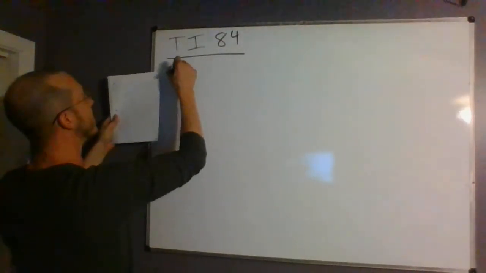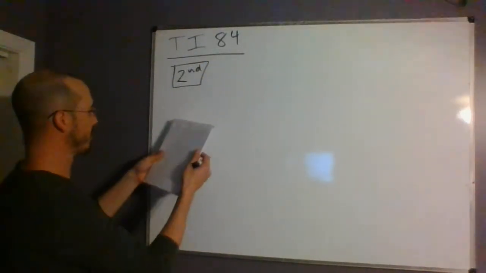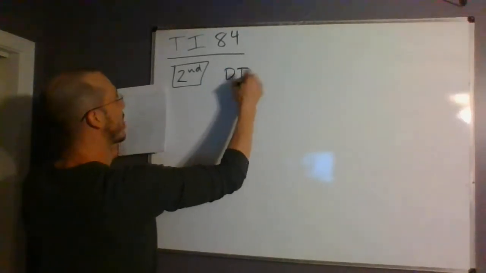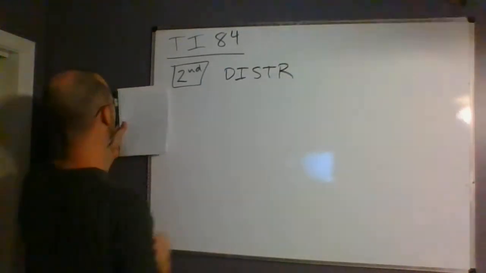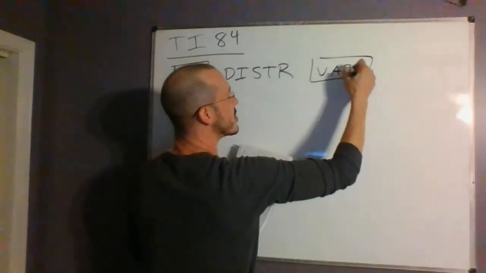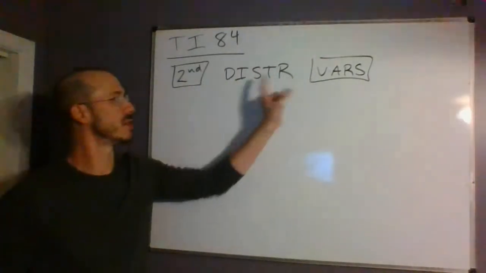So the second function is what it starts with. Then the DISTR key, which is on the vars, or variables key, but it's this function. The second vars is the distributions.